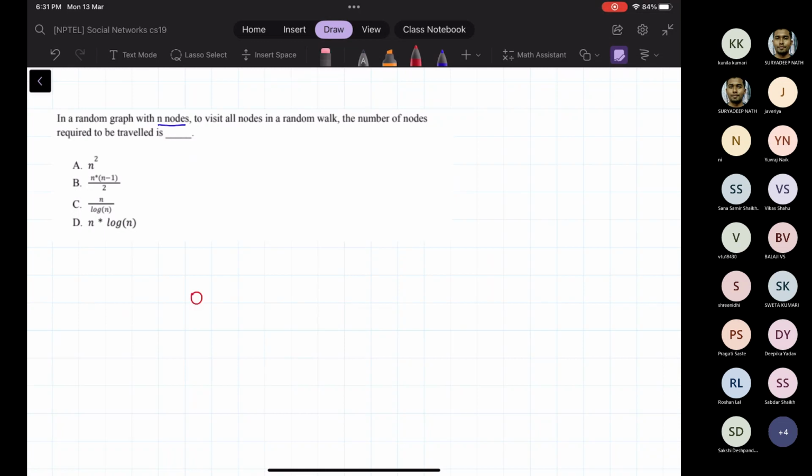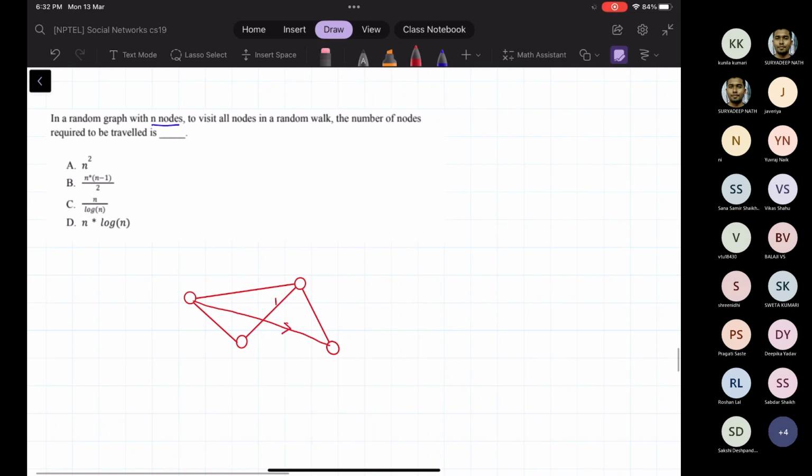So again, you have this graph, and they are connected somehow, and you decide to do a random walk on this graph. What is the number of nodes after which all the nodes would be covered? The right answer is n log n.